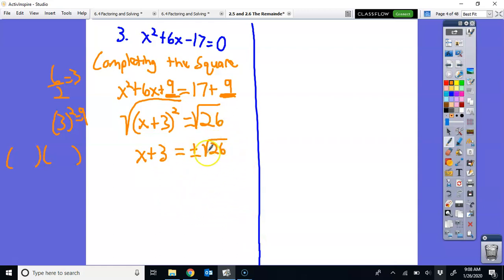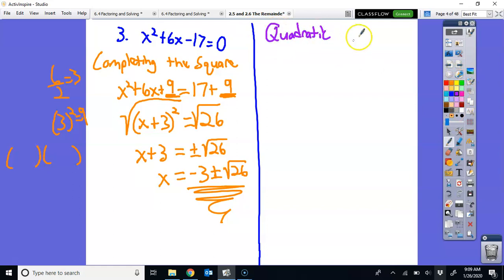You can go back and look at square roots and how to simplify radicals of square roots. 26 you cannot simplify. The only thing I can do now is subtract the 3 over, and I told you guys I typically like to put it in front of the plus or minus. So here's your answers.